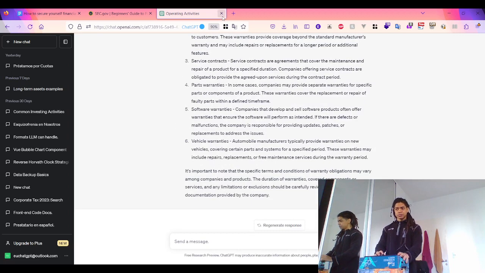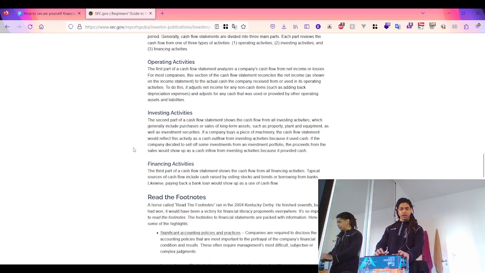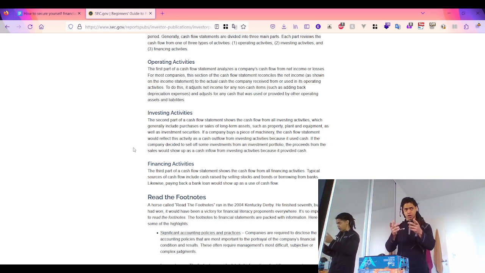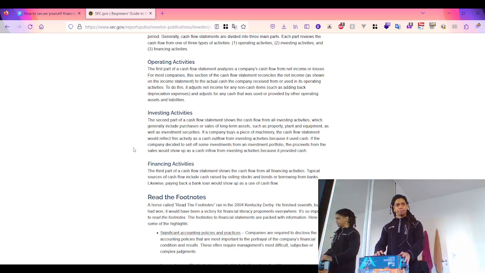So with that understanding of the operating activities, I list the most common operating liabilities, and see how the operating activity works and how it is calculated on the cash flow.